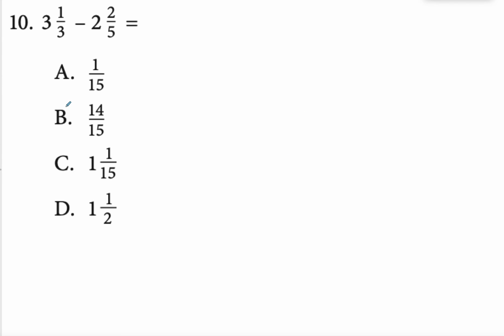All right, let's move on to number 10. So how about this one? In fact, one easiest way which we can do this, we can subtract 2, or you can make the improper fraction, if that's easier for you. Let's try to make the improper fraction. So we get 3 times 3 is 9 plus 1, so we get 10 over 3. And then 2 times 5 becomes 10, plus 2, so minus 12 over 5.